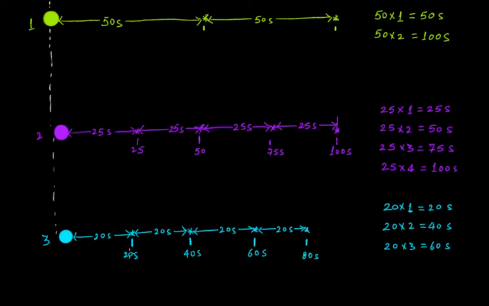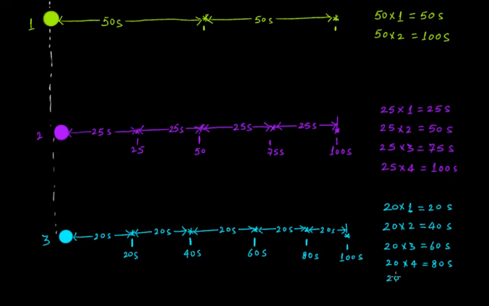Why 80 seconds? First at 20, then at 40, then at 60, then at 80. So 20 times 4 is 80 seconds. Now it will again remain for 20 seconds and will again change after 20 seconds, that is 100 seconds.